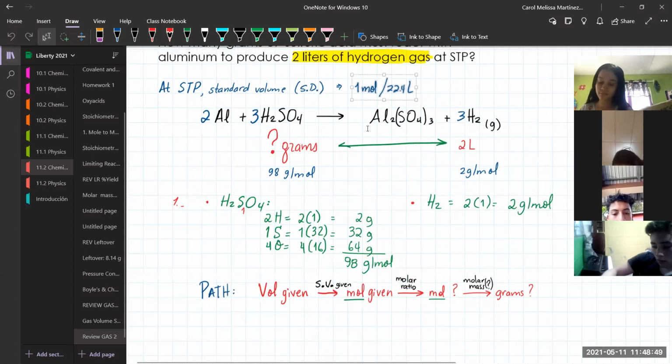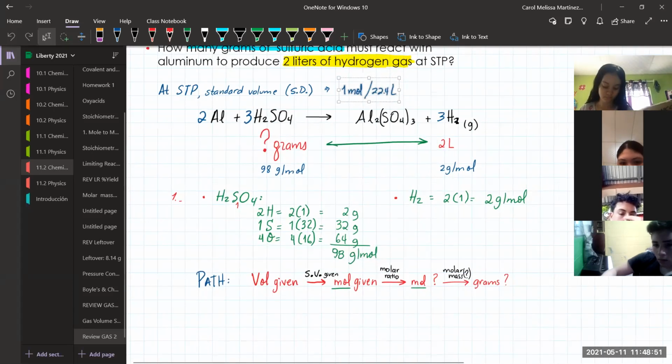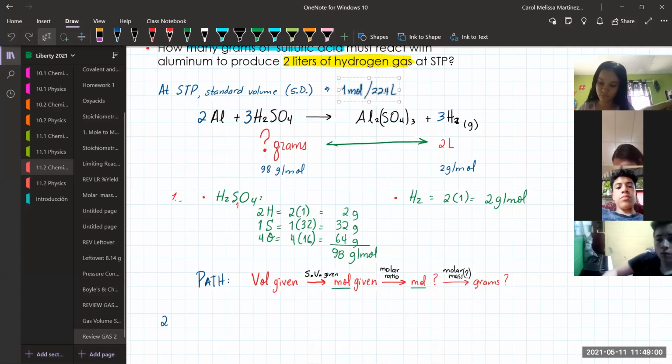So I begin to work with this problem with my given. Okay? We always begin with a given. So I have 2 liters of hydrogen gas. That is my given. Okay? And in the path it says that I continue with the standard volume.